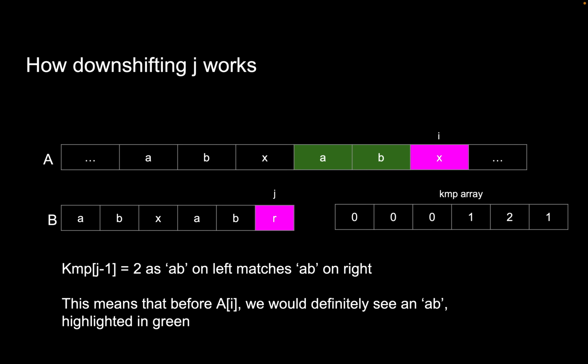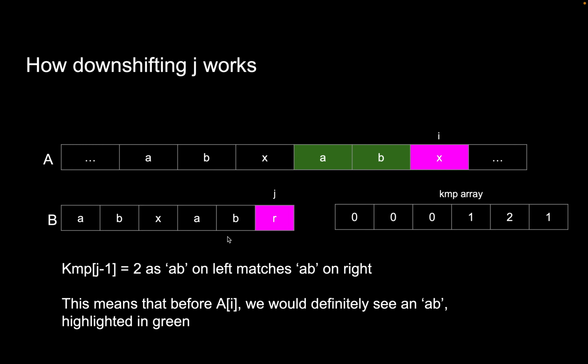So notice here that let's say KMP[j - 1] is equal to 2. So j is 0, 1, 2, 3, 4, 5. Let's say j minus 1 is going to be 4, and KMP of 4 is 2. What this means is that at this point in the string, there is a prefix suffix of length 2.